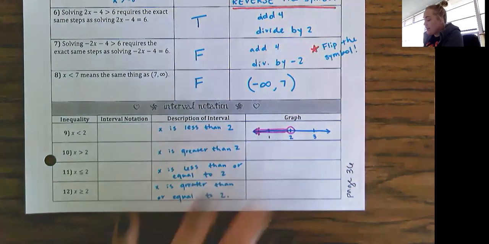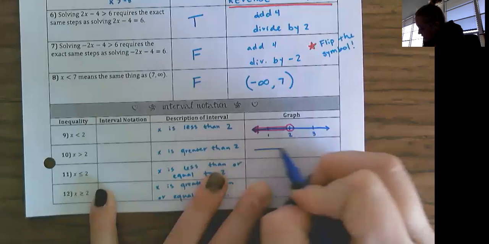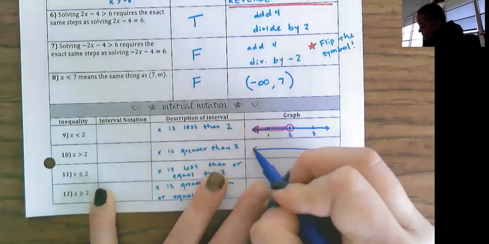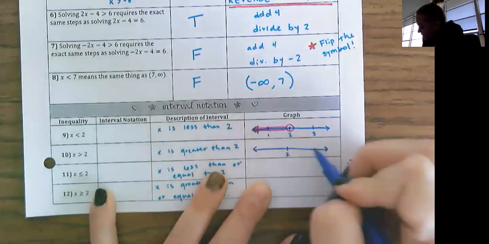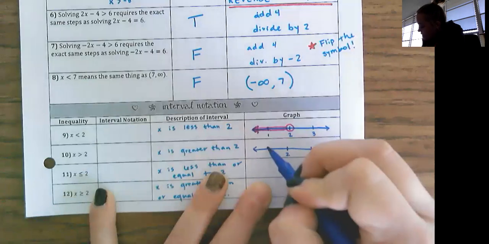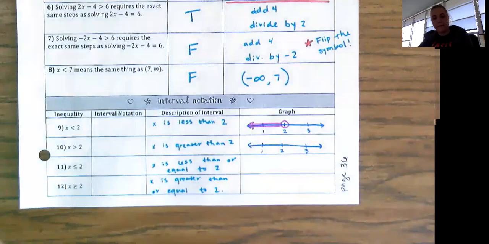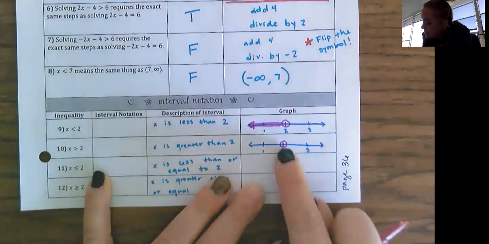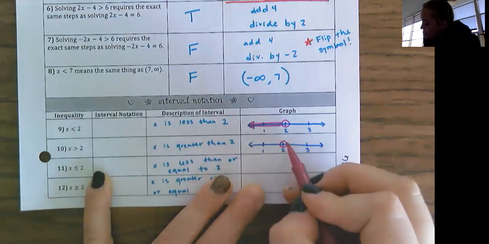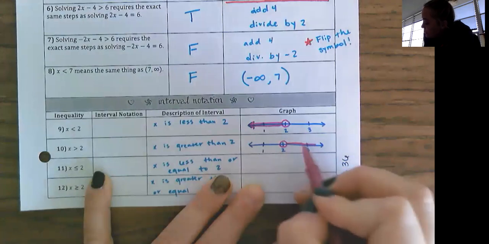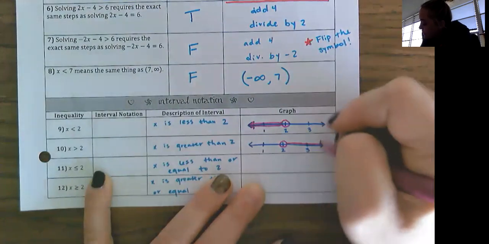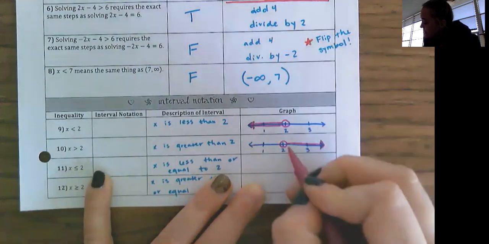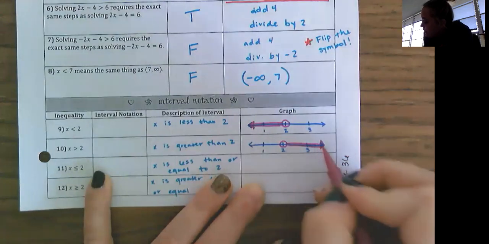Okay, so on this one, x was greater than 2. Well, how would that look different? If less than 2 was shaded below, greater than 2 is going to be shaded above. Now you'll notice I'm still going to do this open circle where it's not filled in. The reason I do that open circle is it's showing that the solution doesn't exist at the number 2.